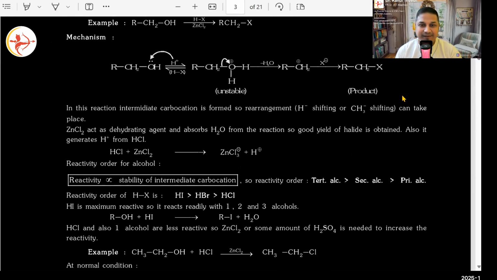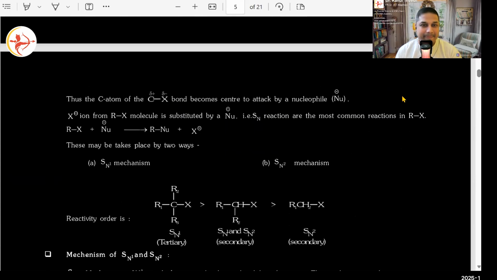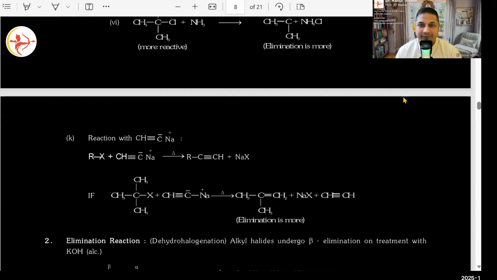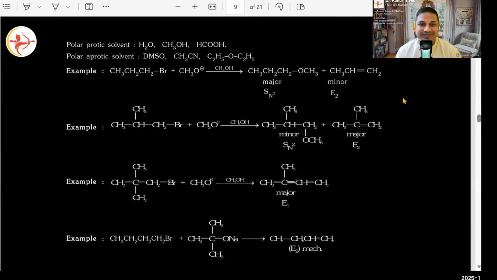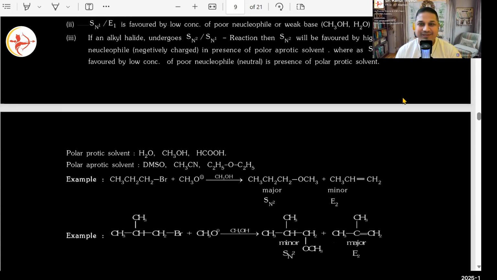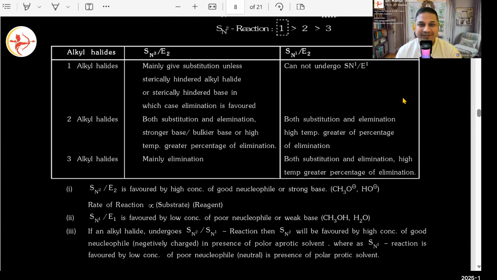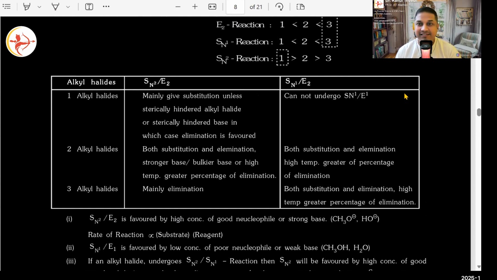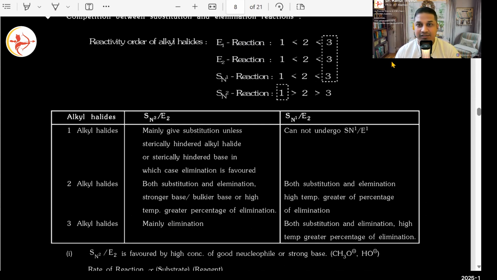Let's come down. Very important section, na? That's why so much writing. Good. I hope it is clearer now. Everything is understood. No more confusion, I guess.